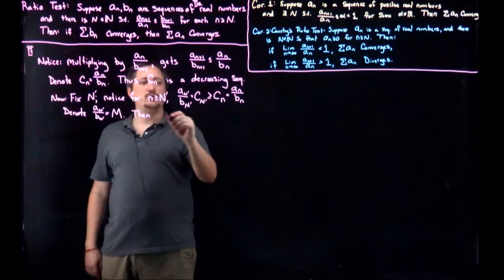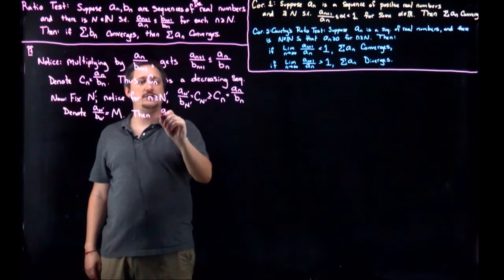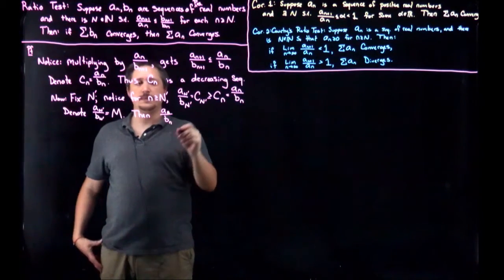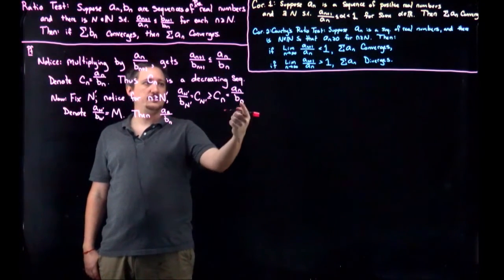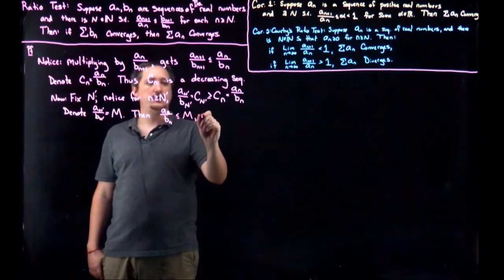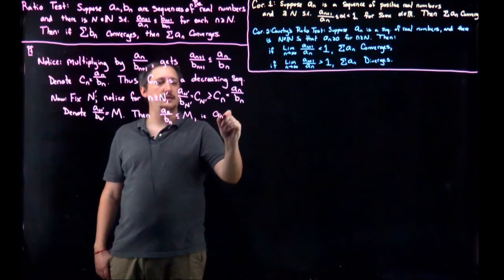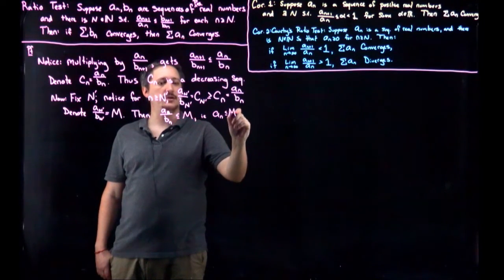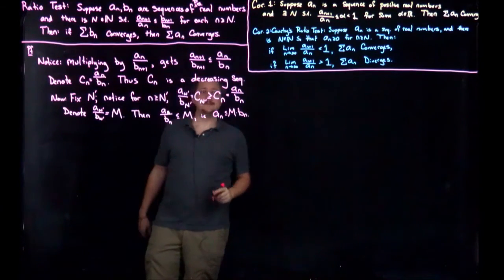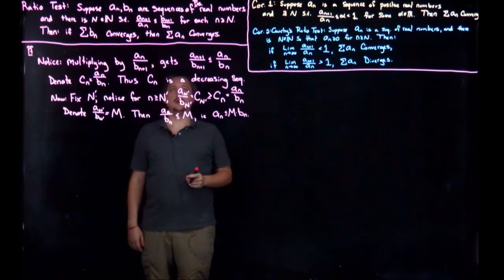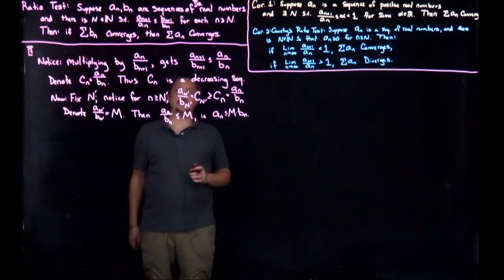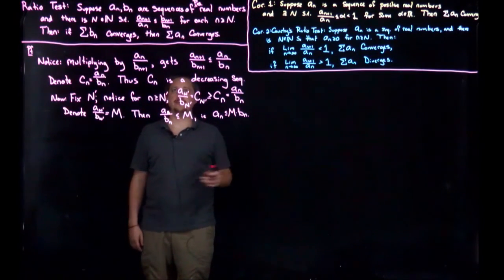So this is telling me that a_n over b_n is going to be less than or equal to capital M, i.e. a_n is going to be less than or equal to capital M times b_n. But we know that b_n and a_n are both positive real numbers for all the n's.